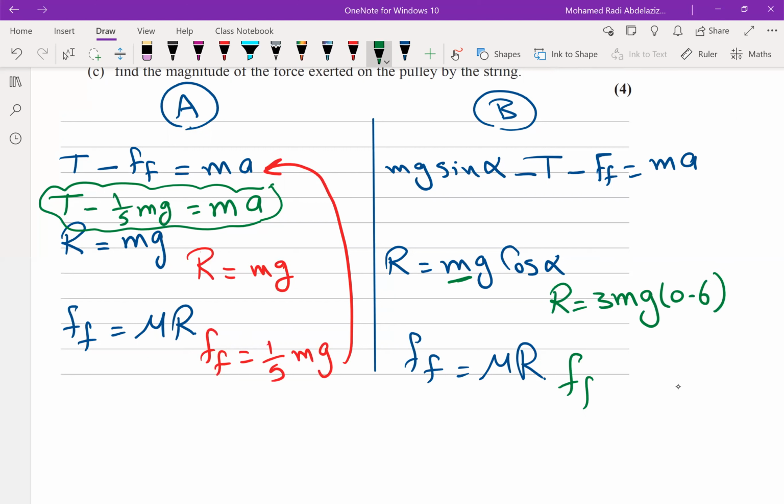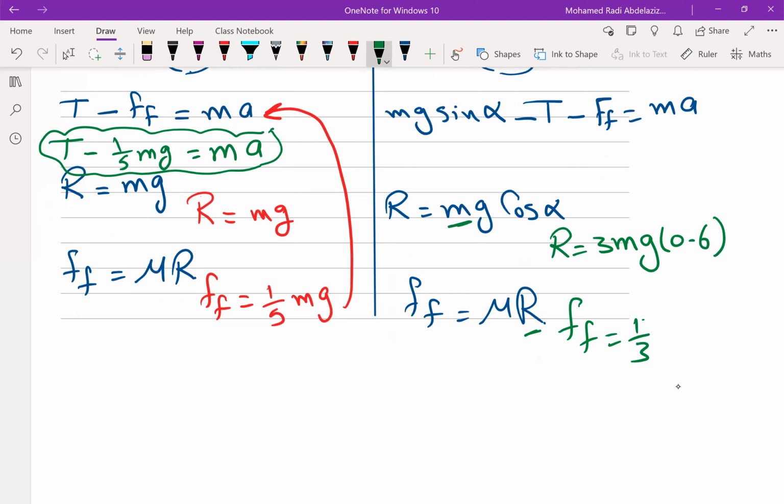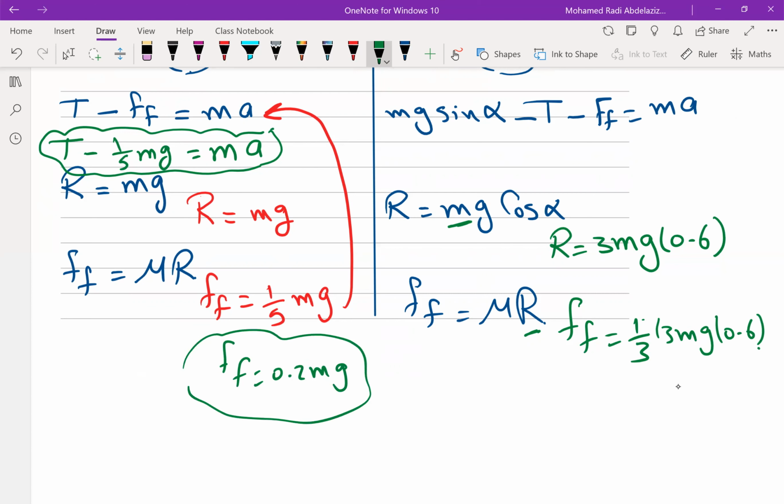The coefficient of friction for the inclined plane is 1/3. So R is 3mg times 0.6. If we simplify, the answer here is 1.8 mg, and the frictional force is 0.6 mg. Substitute in the first equation, done. You can leave it as a fraction, or you can write it as a decimal here, 0.2.